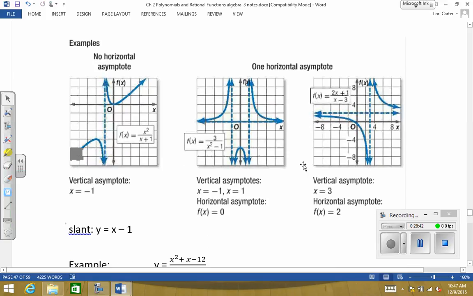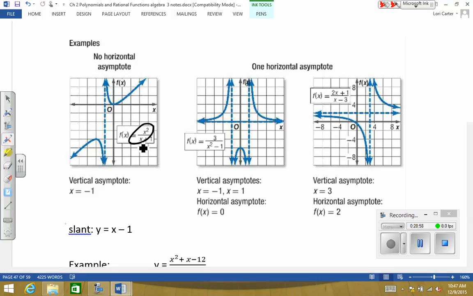Okay, just examples to make sure we are clear. We have x squared over x. The numerator is larger than the denominator, so it's a slant. I'll show you how to do it later, but this asymptote actually looks like that.